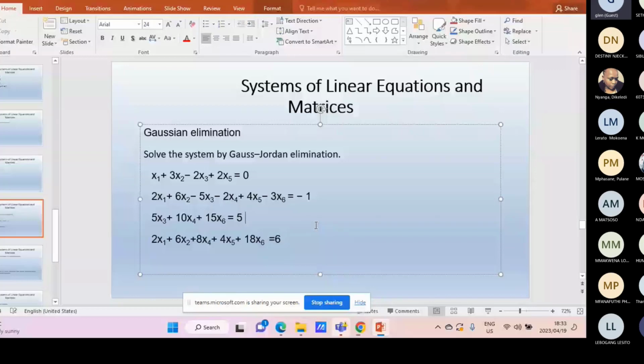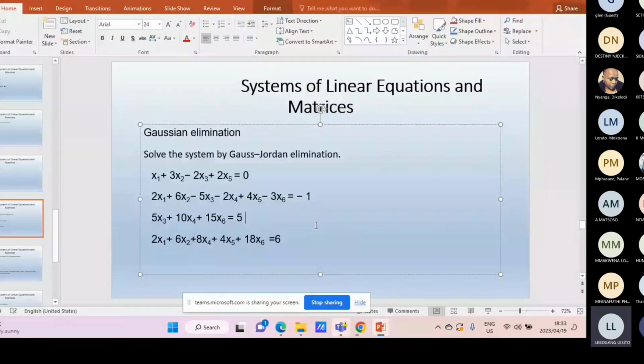And how many equations? 4. Now, this is the situation that we are facing. We now have more unknowns and a smaller number of equations. Do we agree?